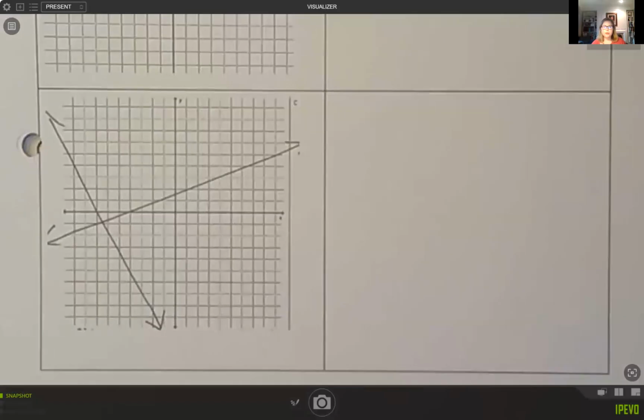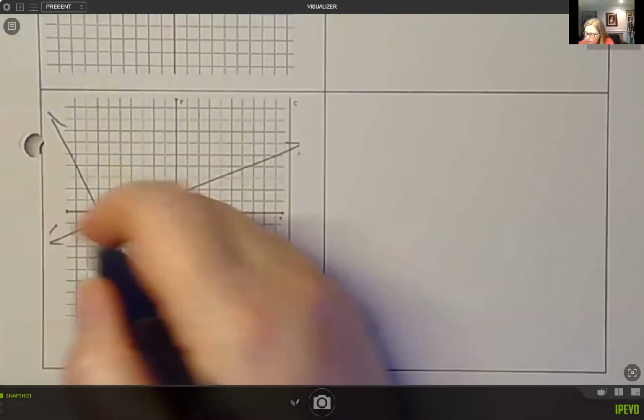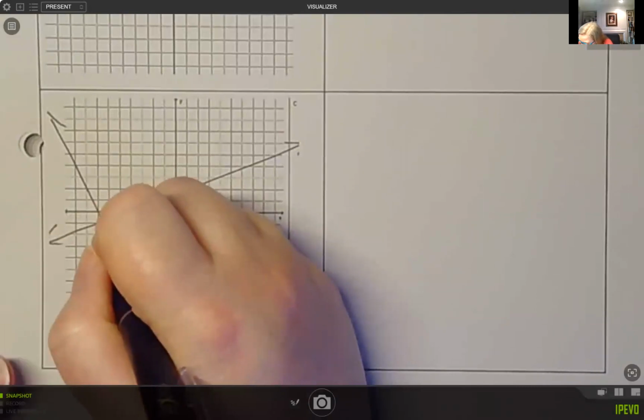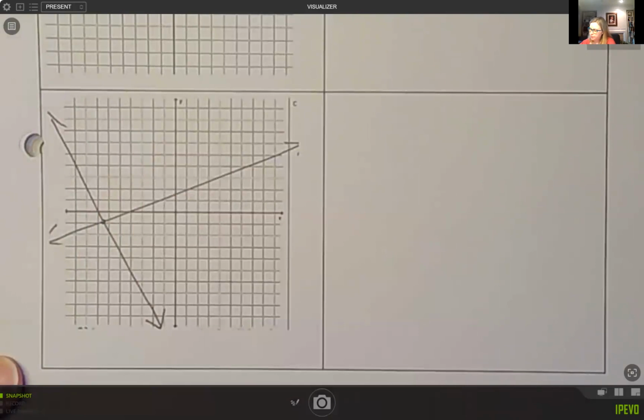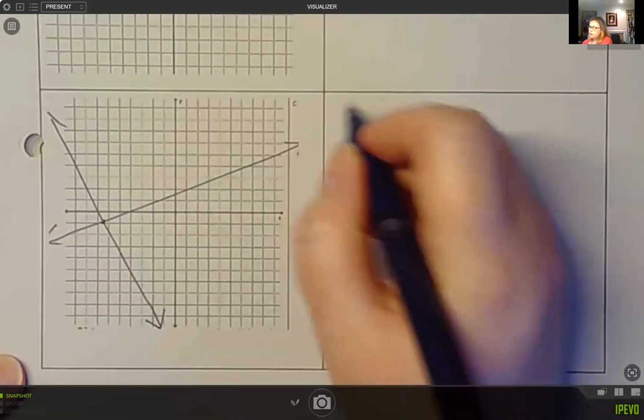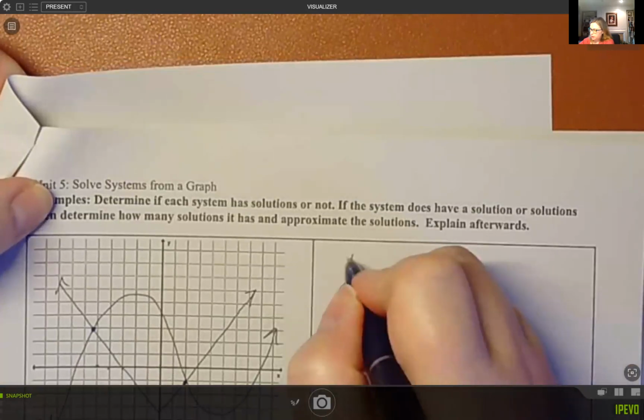Here we have two lines, and they're non-parallel lines, so they will intersect, and they're intersecting right here.